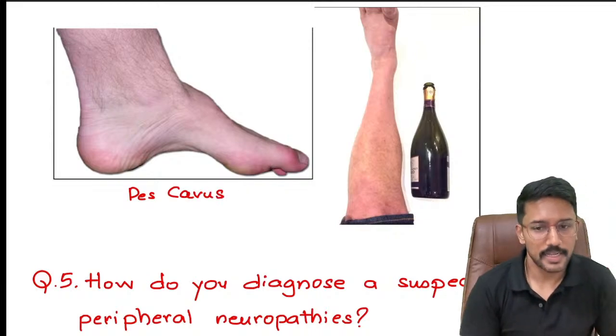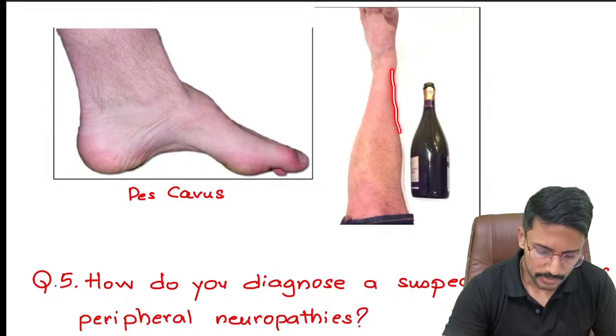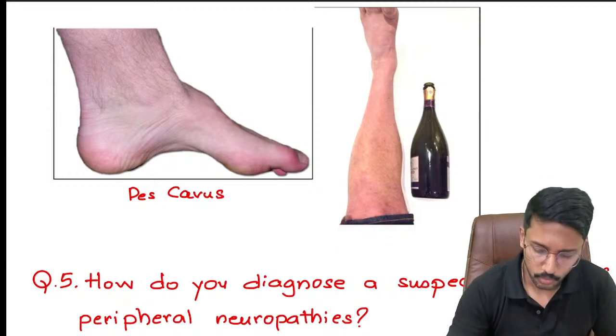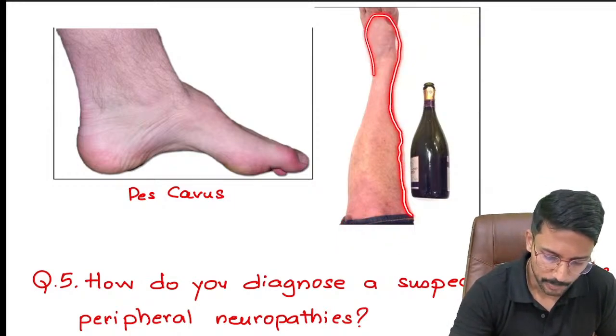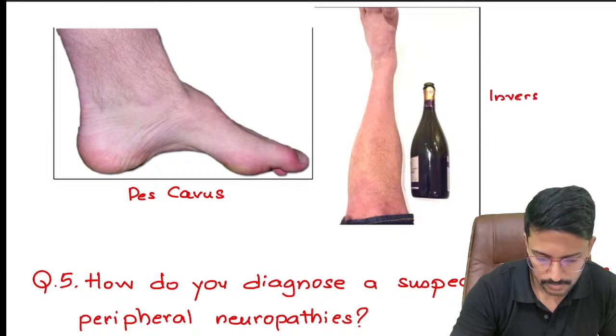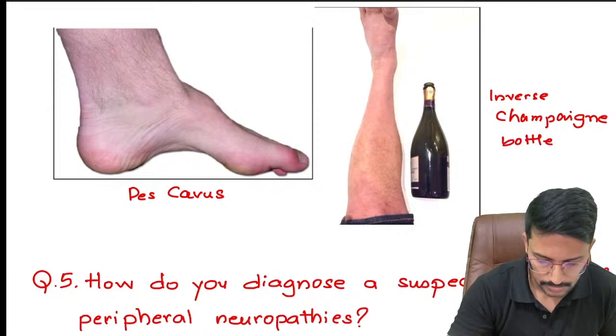Pes cavus deformity. Okay. And then atrophy of the distal group, like feet muscles and distal muscles of the leg, sparing the proximal muscles, may make it look like a champagne bottle. So this finding is called the inverse champagne bottle sign.